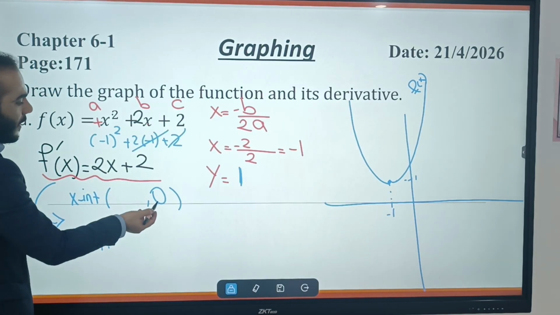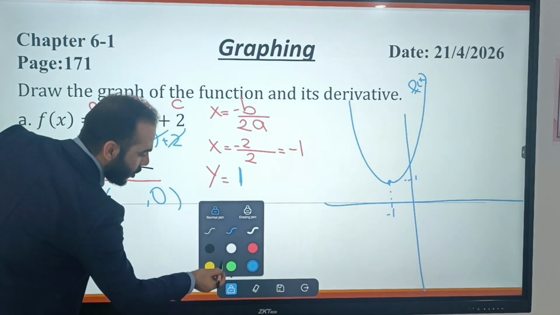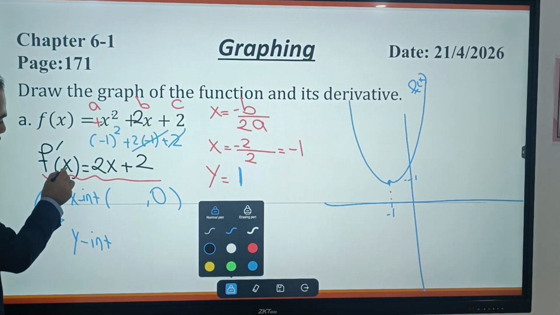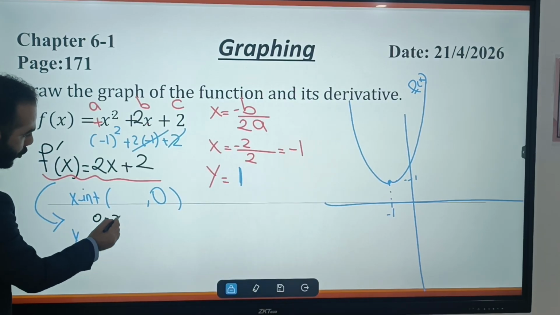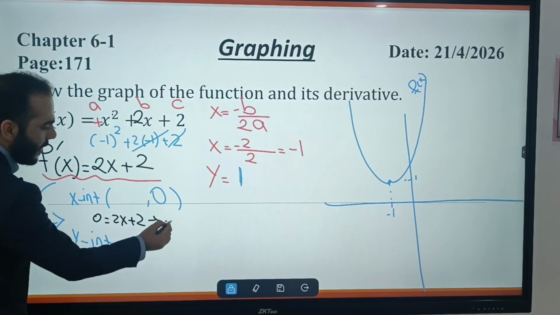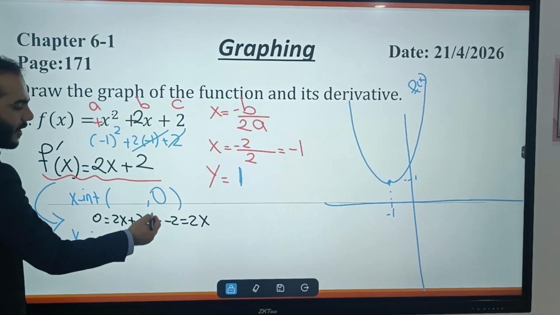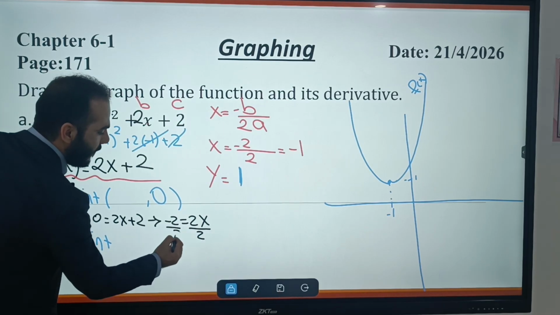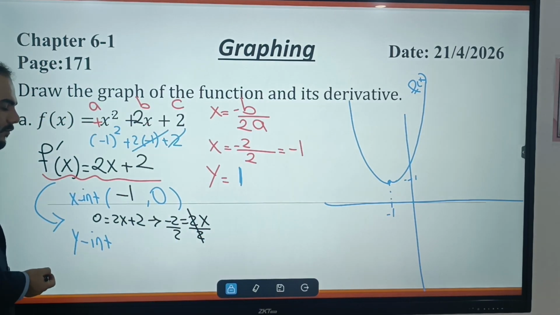So make this one 0. Let's say 0 equals 2x plus 2. Move this 2 to the other side, so it becomes negative 2 equals 2x. Both sides divided by 2. x equals negative 2 divided by 2, negative 1.